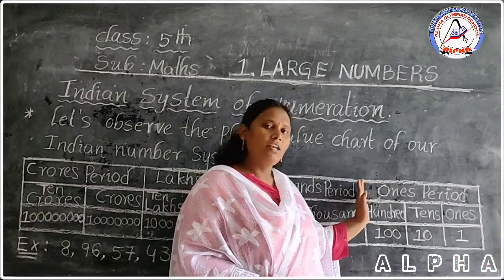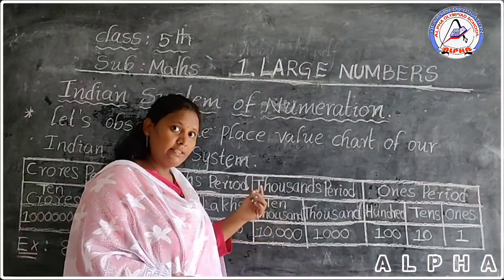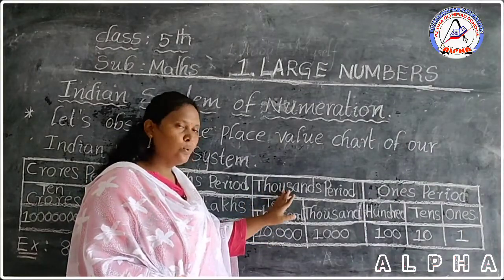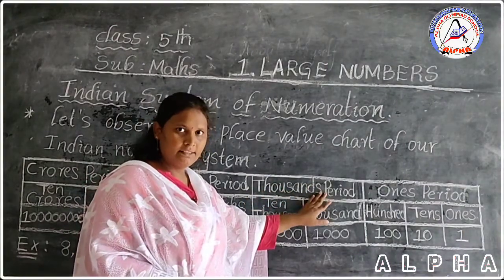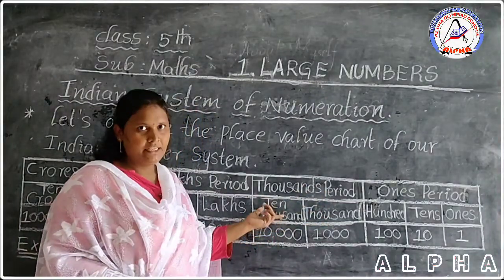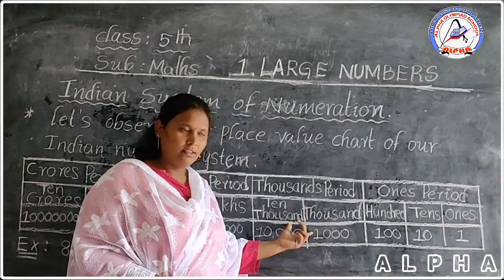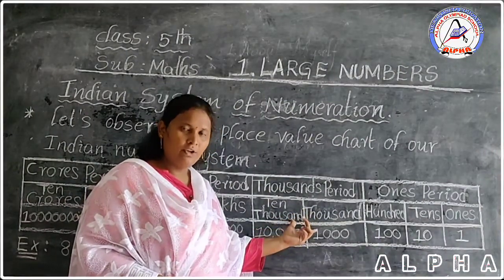Now let me tell you about the second period in this chart, that is the thousands period. In the thousands period, we have 2 place values. What are they?